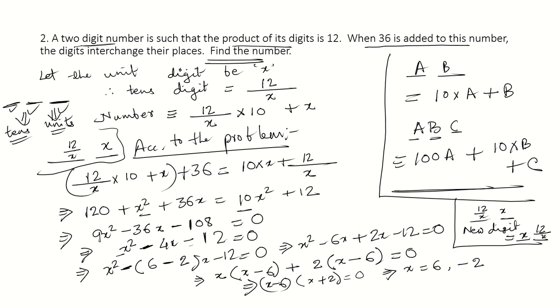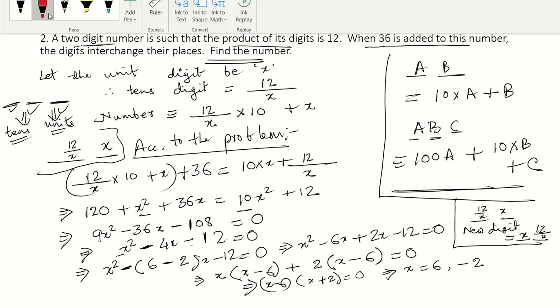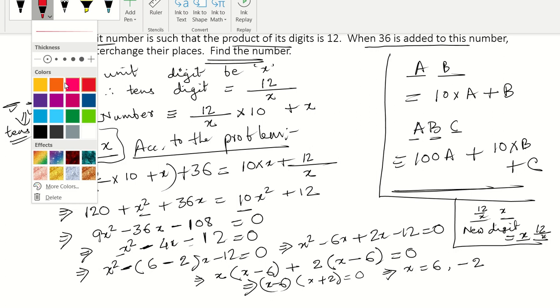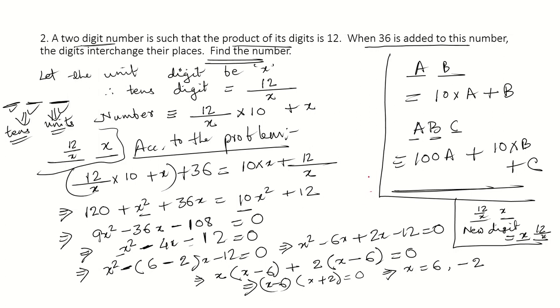Now you see, it's a number, right? We have considered the units digit as x. x cannot be negative, right? Because how can a units digit be negative for any number?